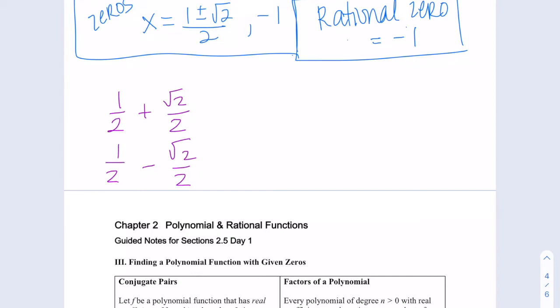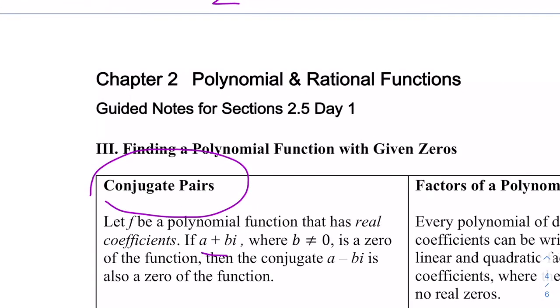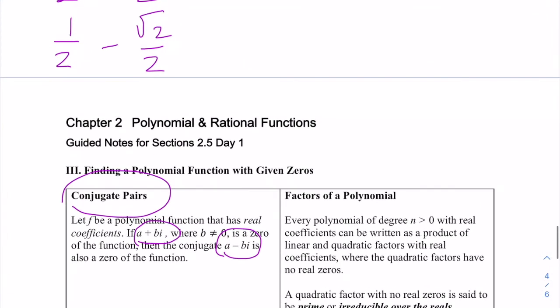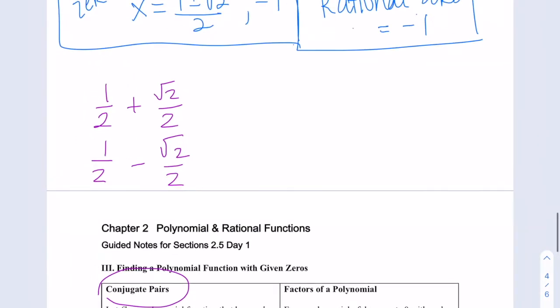So you can tell we have these conjugate pairs. And conjugate pairs also occur when you have imaginary roots. So if you know that a plus bi is a root, a minus bi, as long as b is not 0, is also a root. Okay, so those are going to be conjugate pairs.